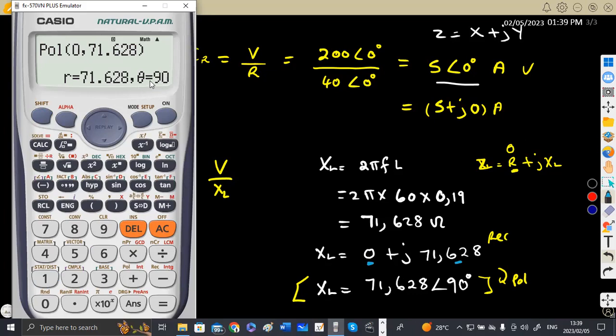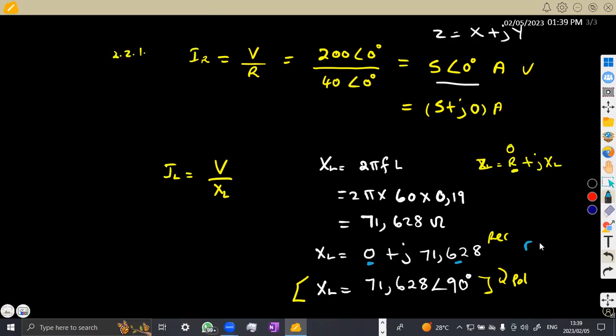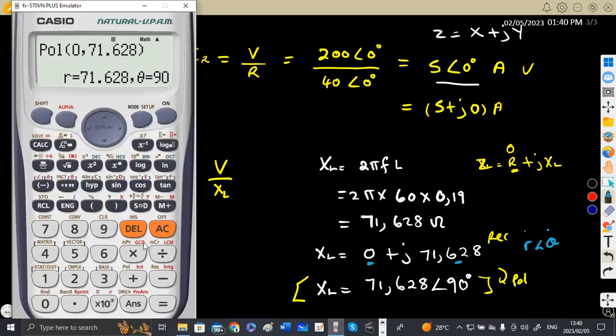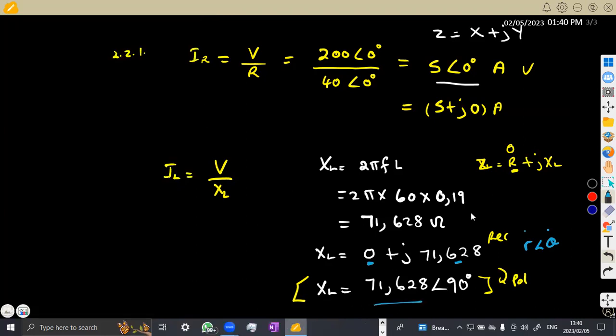So it gives you the result in polar form. Remember, in polar form your resultant is given as r theta. So it gives you the value of r, which is 71.628, and the value of theta, which is 90 degrees. As you can see, we are having it like that. So our calculator can even assist us, guys.